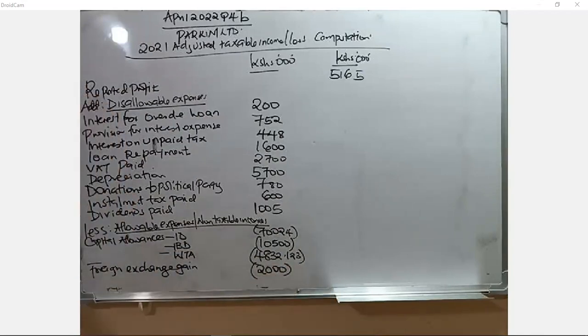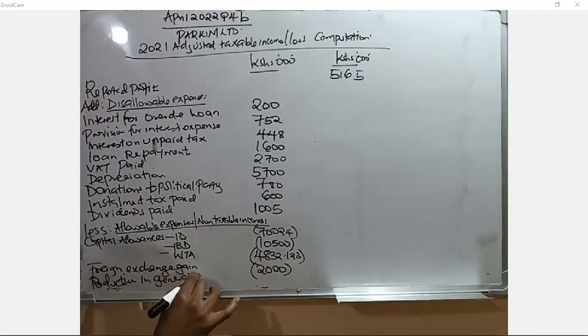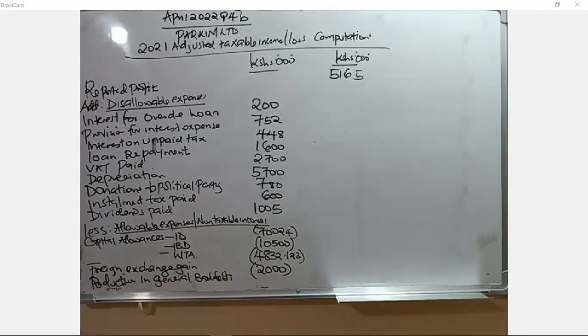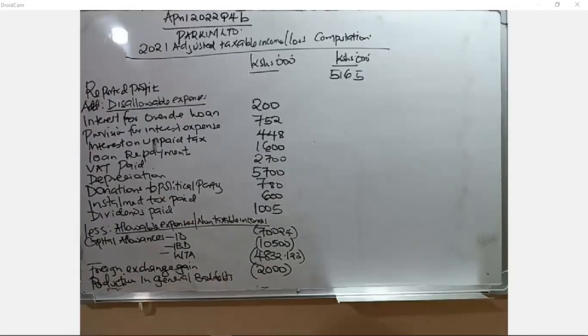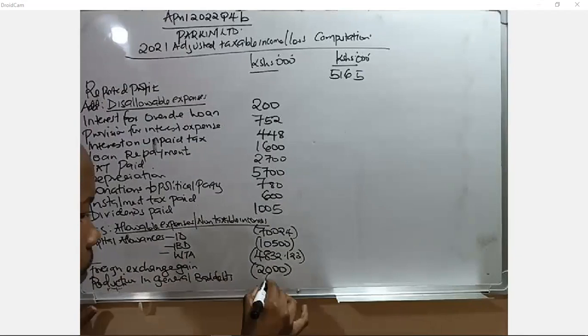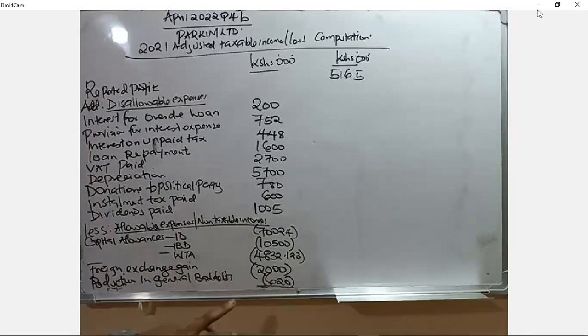Then we have reduction in general bad debts, and you know that right now. Reduction in general bad debts amounting to 620. I know that is very clear.